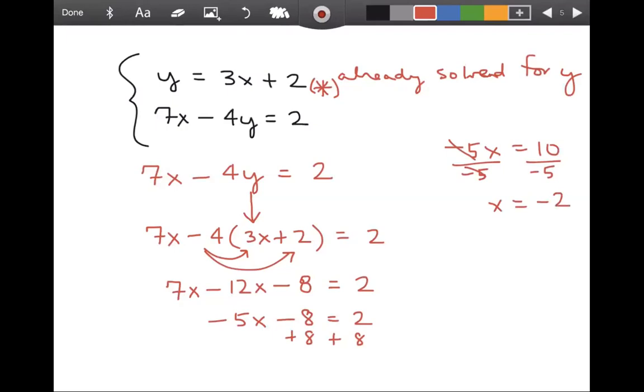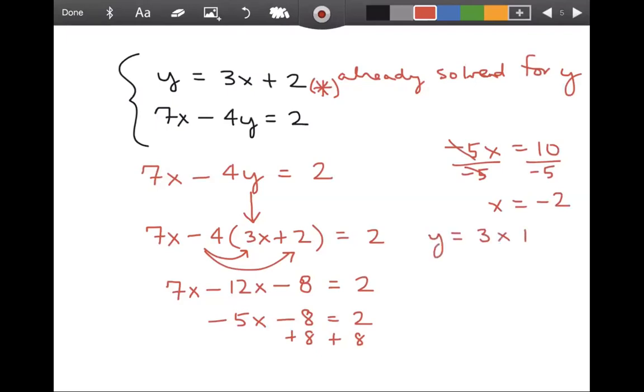All right, so we have x. Now we just need y. The reason that I recommend substituting this value into the star equation is because the star equation will always be solved for the other variable. So star equation is y equals 3x plus 2.